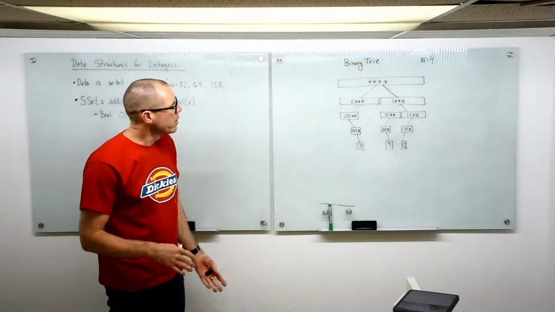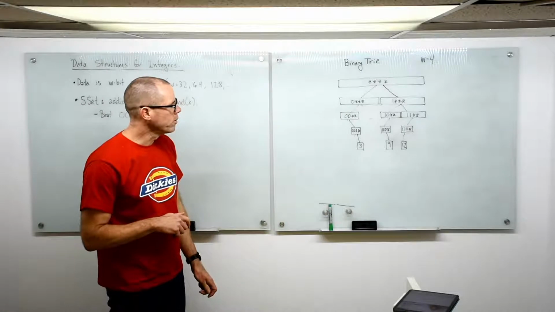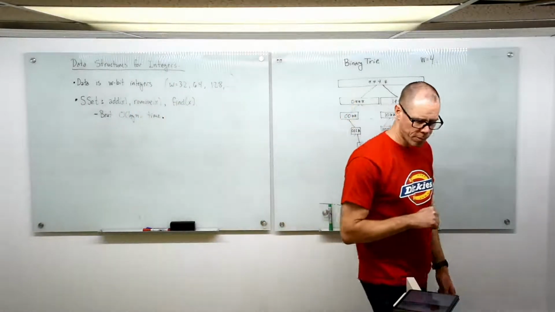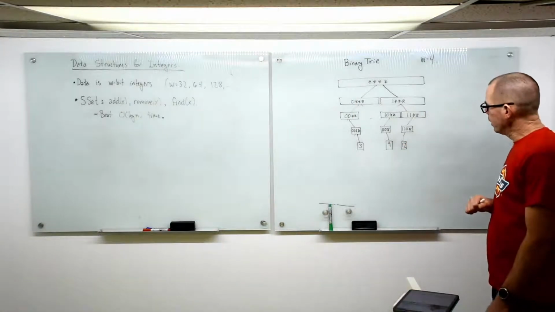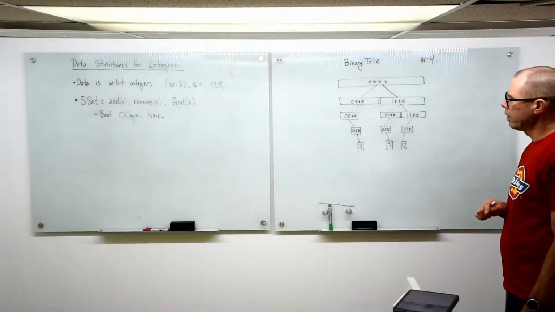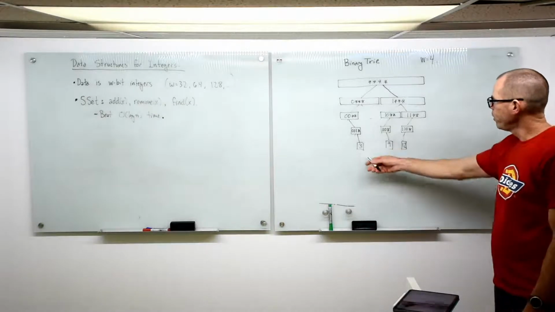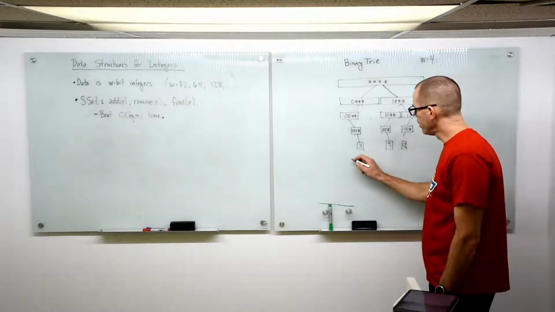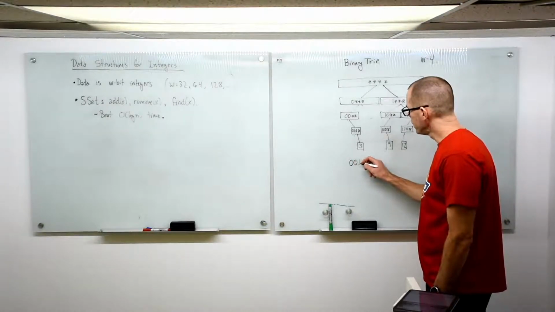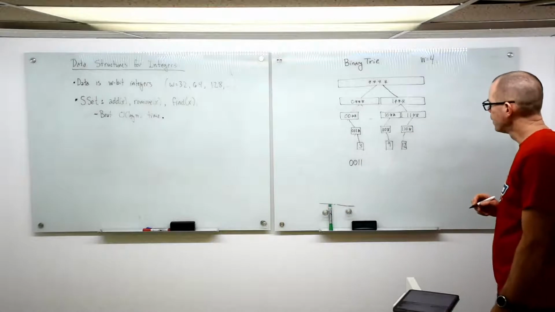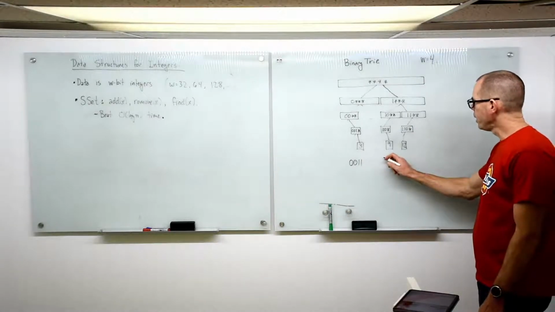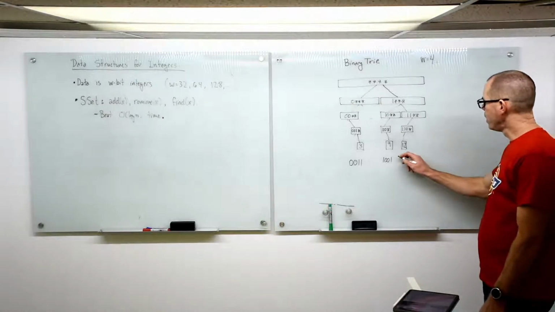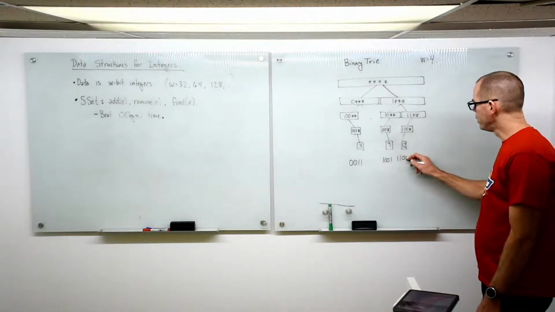But everything that I'm going to say and the examples that I do will generalize to arbitrary values of W. And let's say we want to store 3 values, 3, 9, and 12. So 3 in binary is 0011. 9 in binary is 1001. And 12 in binary is 1100.